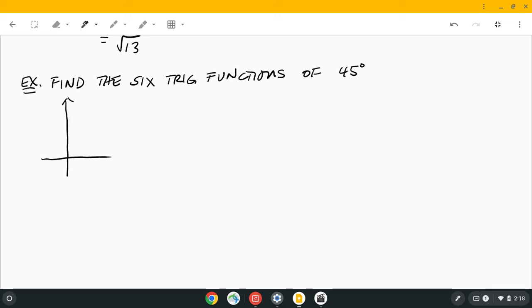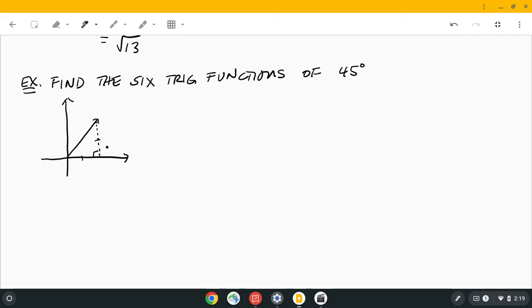We looked at special right triangles a couple of sections ago, and we know that if this is a 45-degree angle and I make a triangle here, these 2 sides are congruent. They're the same length, right? So we can pick any number for x. If I pick 0.5, then the y value is also 0.5. If I pick 1, then the y value is also 1. So these 2 are going to be the same.